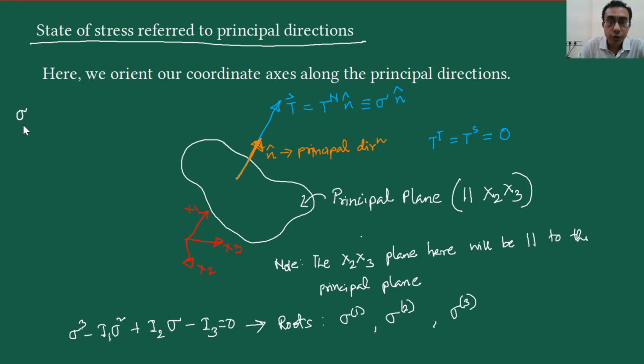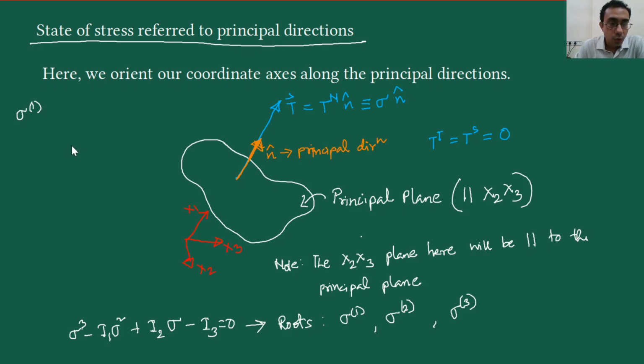So what we can say is that this sigma is going to be one of these roots. Let's say that it is sigma 1. It is very much possible that in terms of values it could be any one of these, but we are just keeping things neat and clean here for the purpose of organization.